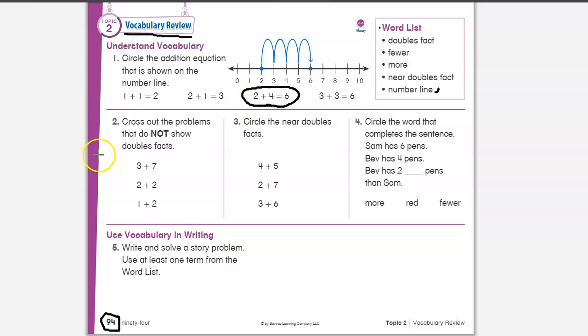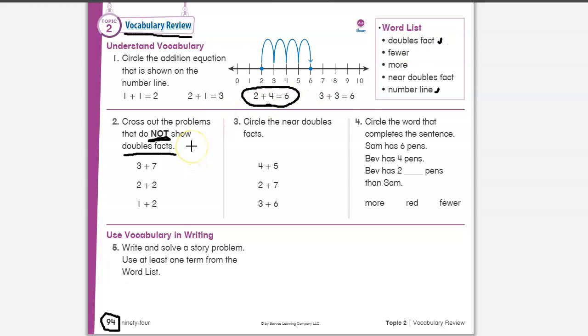Now let's look at number 2. Number 2 says, cross out the problems that do not show doubles facts. This is very important. This is where we get kind of tricky sometimes. Doubles facts was also on our word list up at the top.